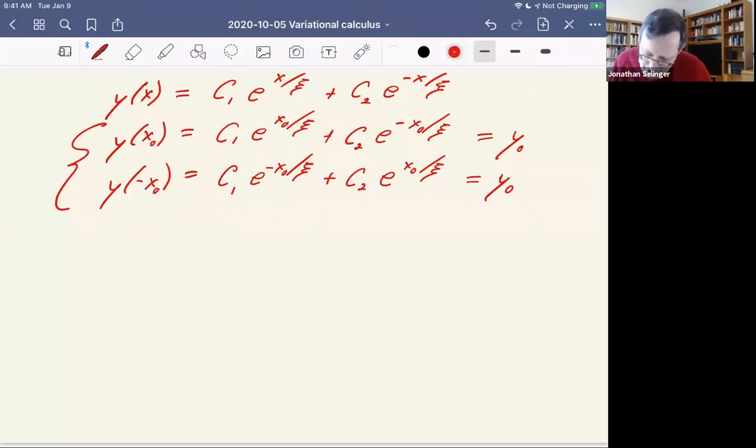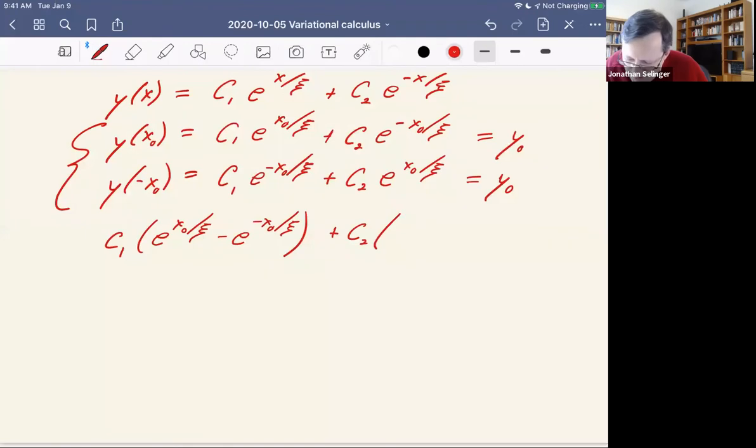Okay, so if I subtract them, it's C1 times e to the x0 over ξ minus e to the minus x0 over ξ plus C2 times e to the minus x0 over ξ minus e to the x0 over ξ equals 0.